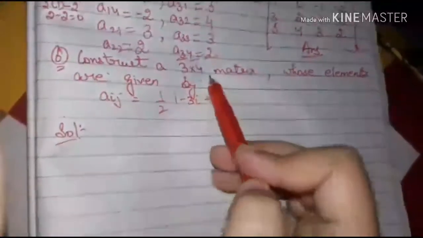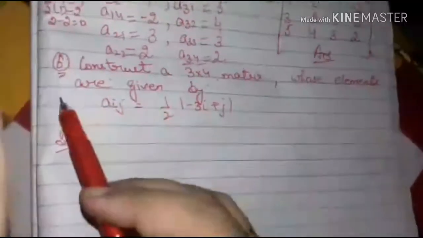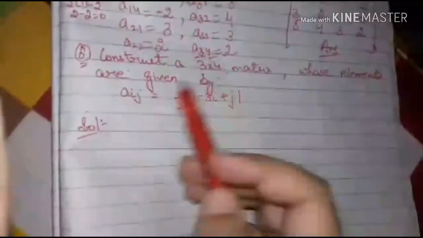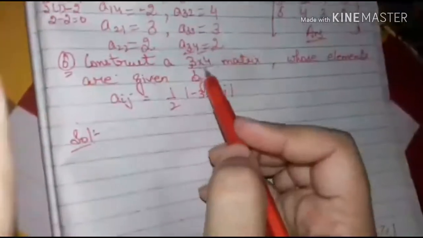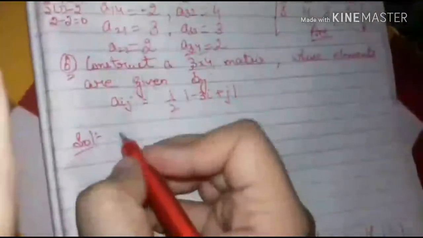Construct a 3 cross 4 matrix whose elements are given by this form. Again we want to solve for a 3 cross 4 order matrix.